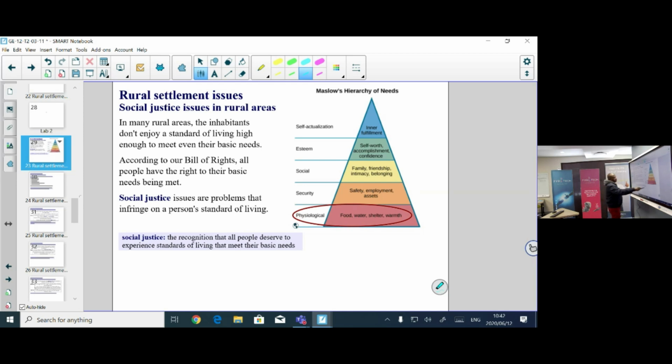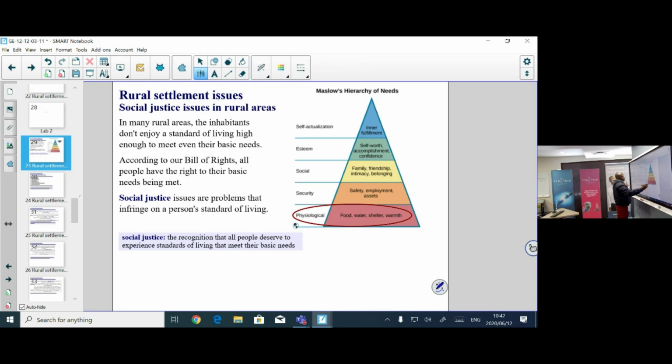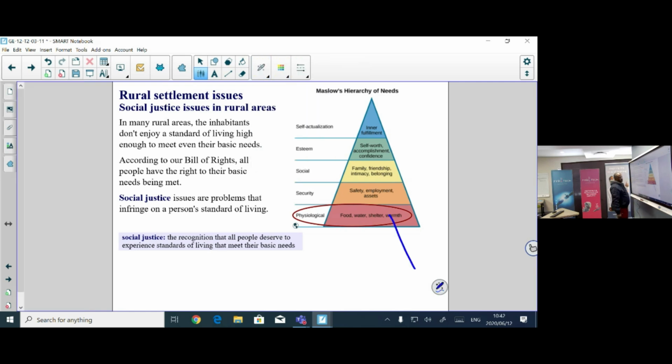So we have here Maslow's hierarchy of needs. Food and water come as the basic need. Before anyone does anything or aspires to be anything, they should have food, water, shelter, warmth. They should have safety. Once these needs are satisfied, a person now has greater needs, and there is now a need for security.